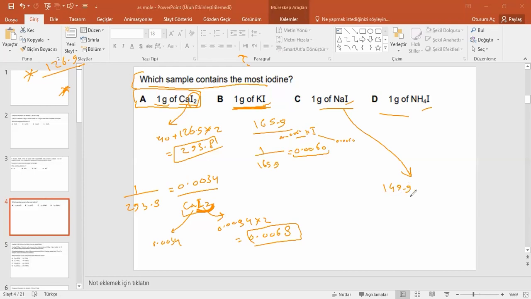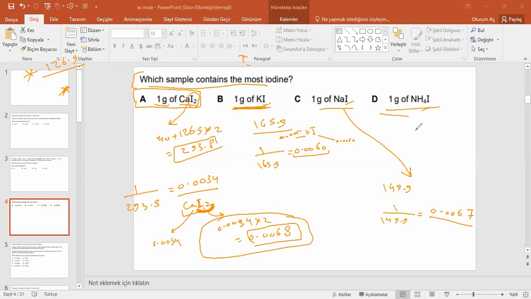To find, this is the molar mass. We divide mass over 149.9, and this will give us 0.0067. Okay, so until now, option A seems the correct one.